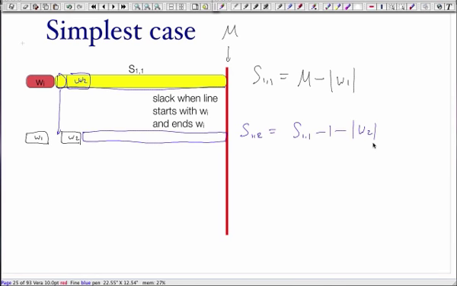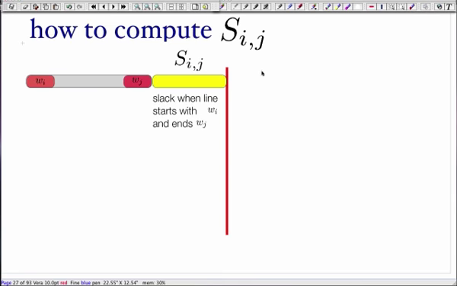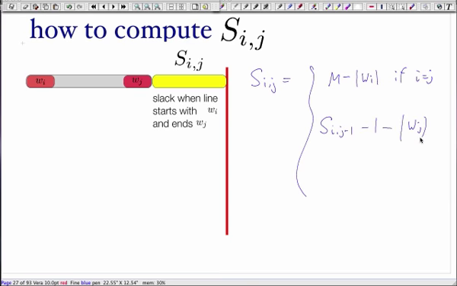So we are going to use dynamic programming again to compute these slack variables. So here we go. Slack i,j is going to be m minus wi if i is equal to j, and otherwise, it's going to be slack of i,j minus 1, minus 1, minus the length of that jth word.